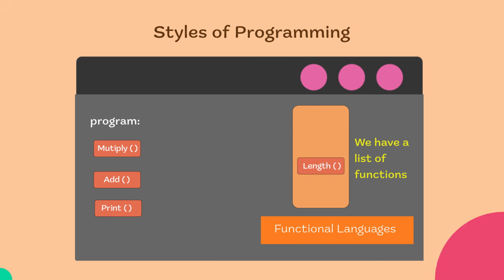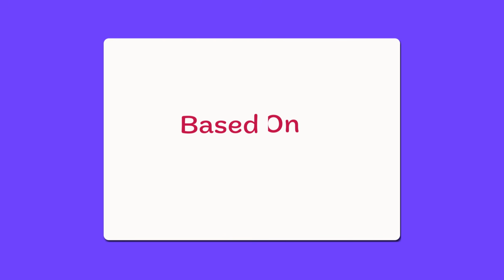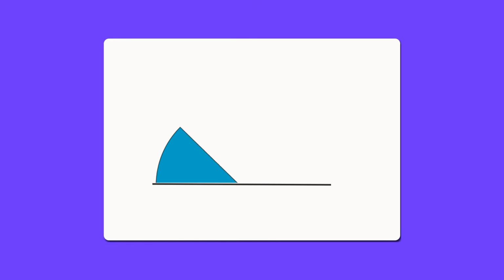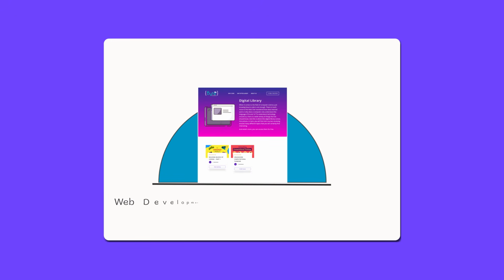The second way of classifying programming languages is based on requirement or their use. Languages are designed to solve specific types of problems or build certain kinds of applications. For example, web development languages are used to build websites and web applications.